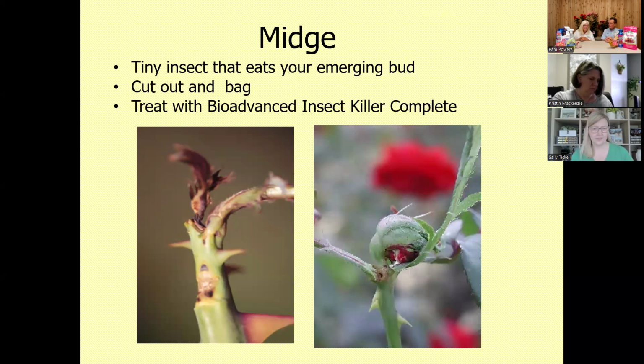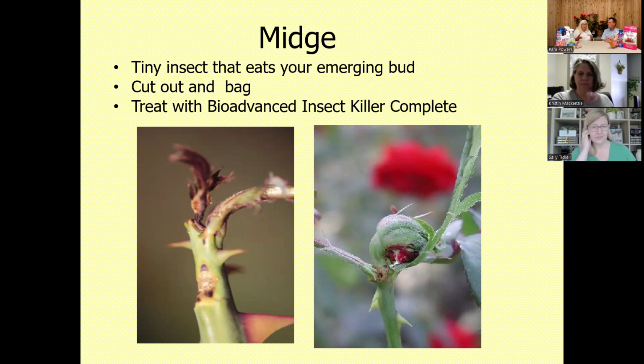So the treatment for this is to cut it out and bag it and tie the bag, because this tiny little insect, a soil-dwelling insect, has crawled up the cane. It's laid eggs, and you can't see this. Then the larvae start feeding on that succulent part of the bush, the tip where the emerging bud is.